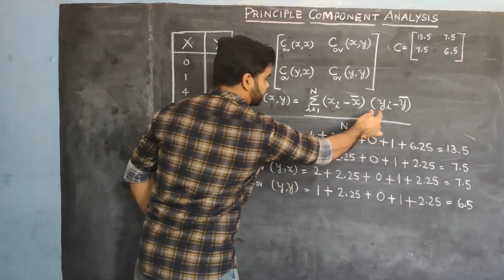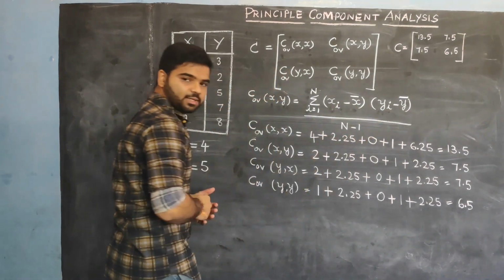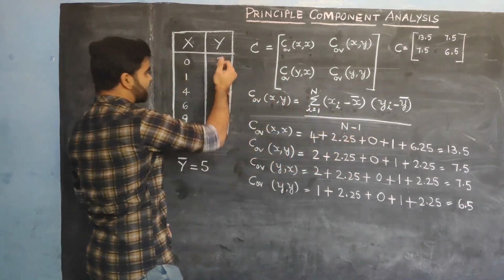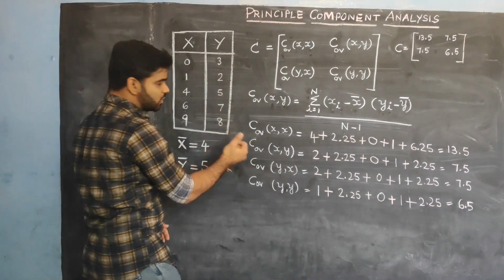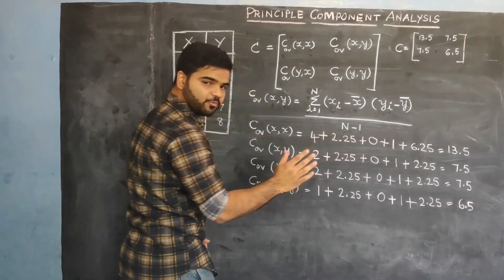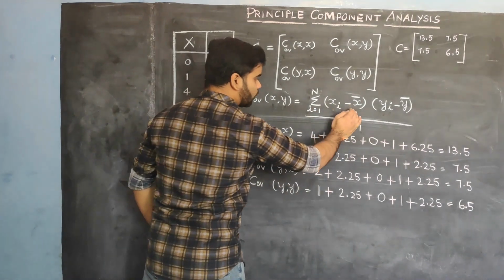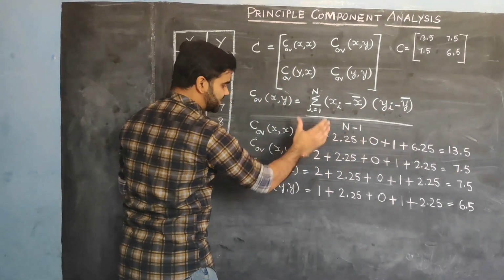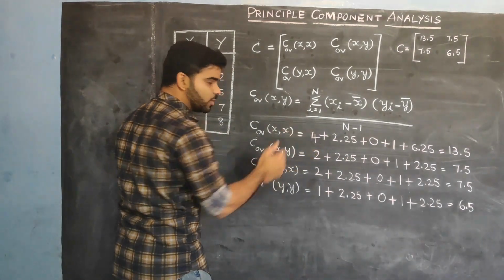So again 0 minus 4. Now n is equal to 5, as we have taken 5 observations, so n minus 1 is 4. Now 0 minus 4 into 0 minus 4 by 4 is 16 by 4, which is equal to 4.